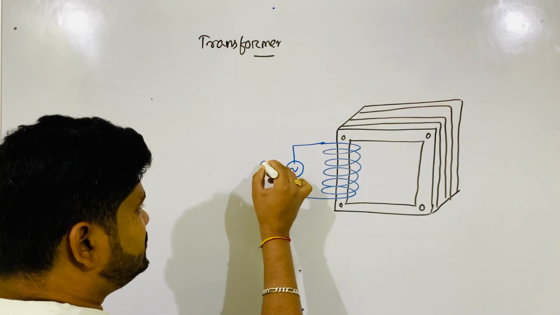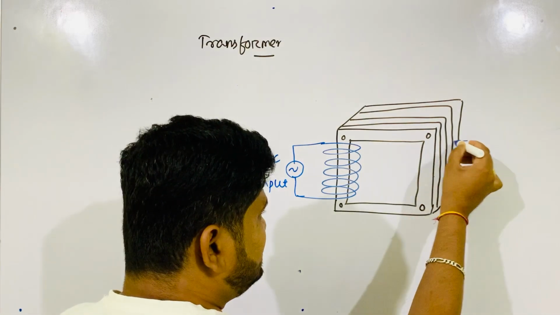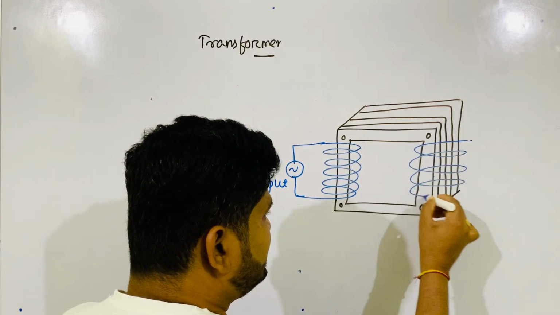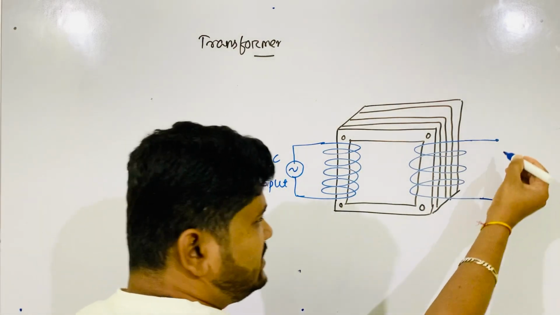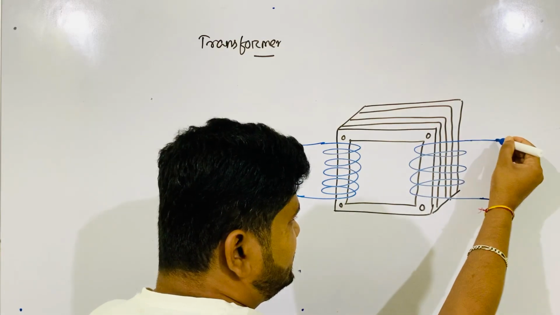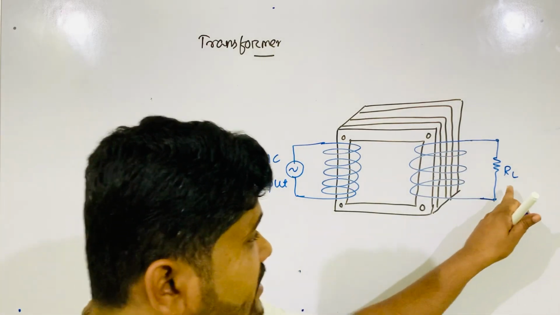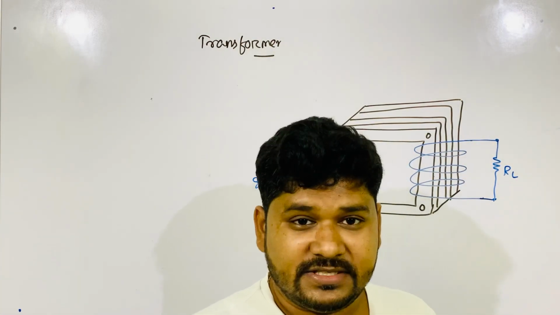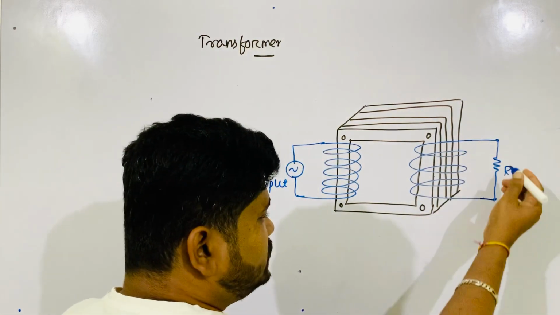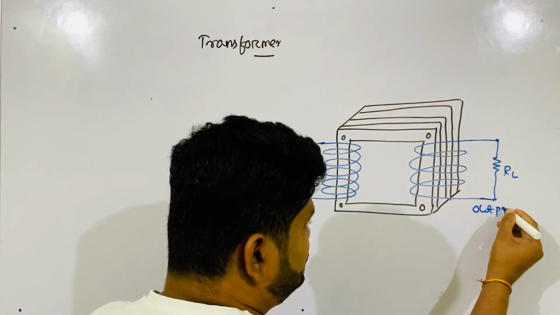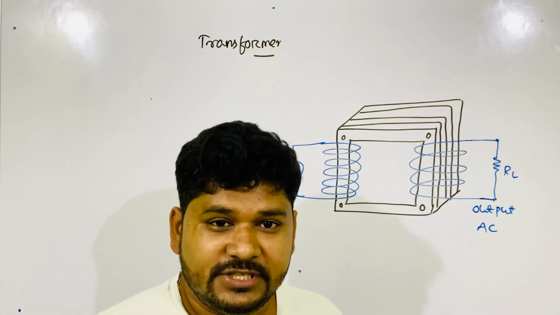This is the AC input, and here is another coil which gives you the output power, maybe across any device, or I can connect a load resistance. Load resistance here doesn't mean a resistor; it's a device to which the output is fed. This is output AC, and this is input AC. These are the two coils.